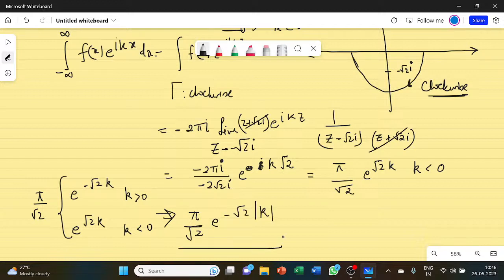So this is how you write the result. Therefore the option that suggests this is option number, sorry, D, not C, D: pi upon root 2 e^(minus root 2 modulus of k).